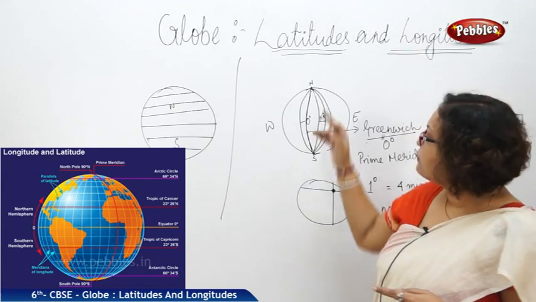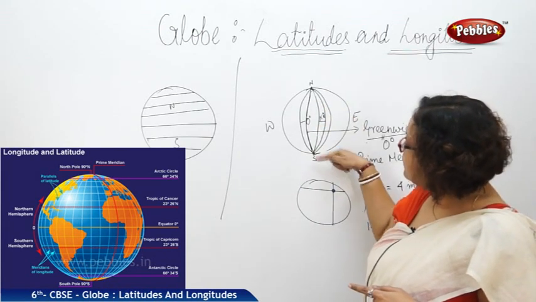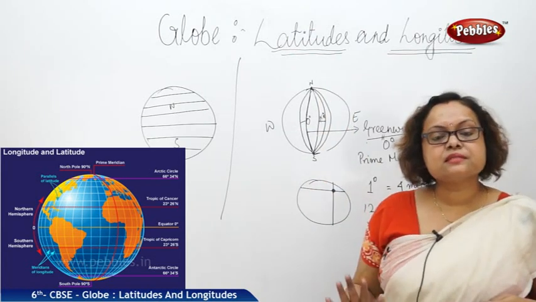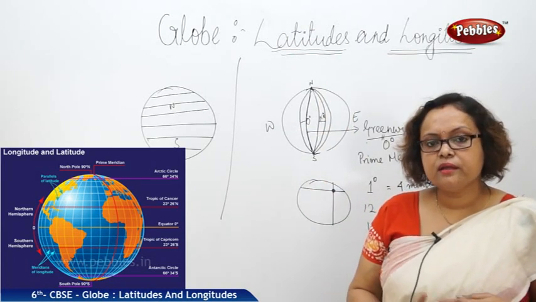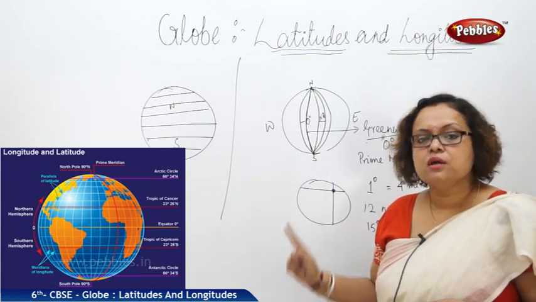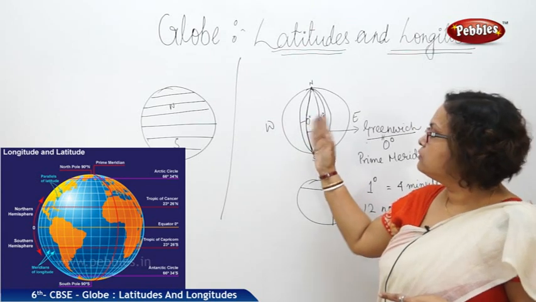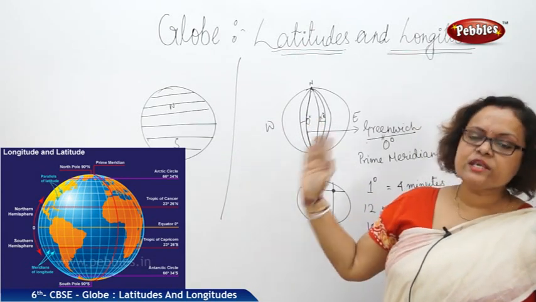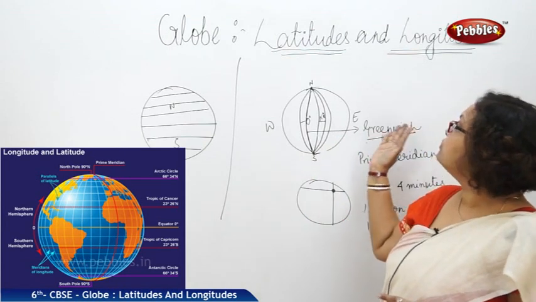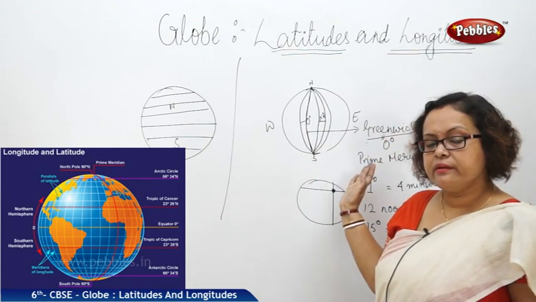Why do we need a prime meridian? We need a prime meridian to calculate the world time. We have accepted the main meridian as 0 degree, that is the British Observatory situated in Greenwich. From there the western side is the west meridian and the eastern side is the east meridian.